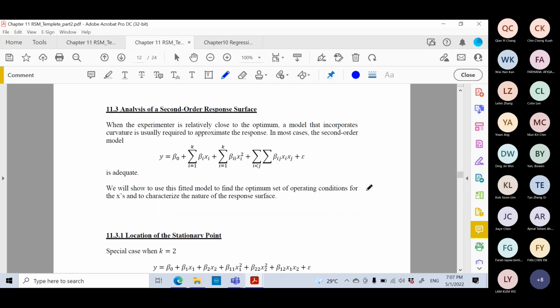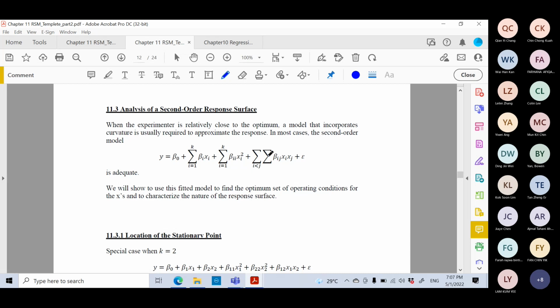So now we use the fitted model to find the optimal set of the operating conditions for X and characterize the nature of the response surface.